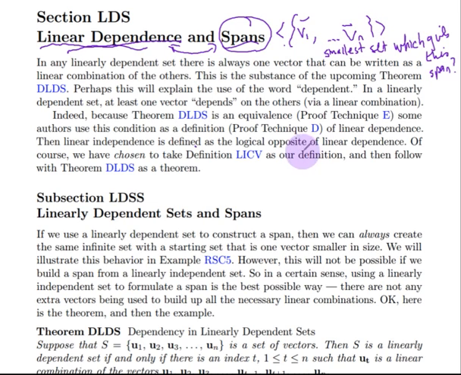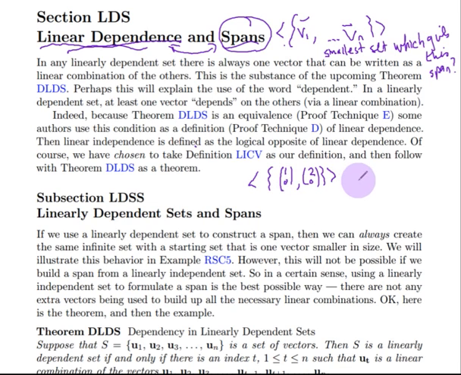Okay, let me just give a simple example. Suppose I take two vectors, (1, 0) and (2, 0), and I consider the span of that set of vectors. What you'll see is that any multiple of (1, 0) is in fact in the span.